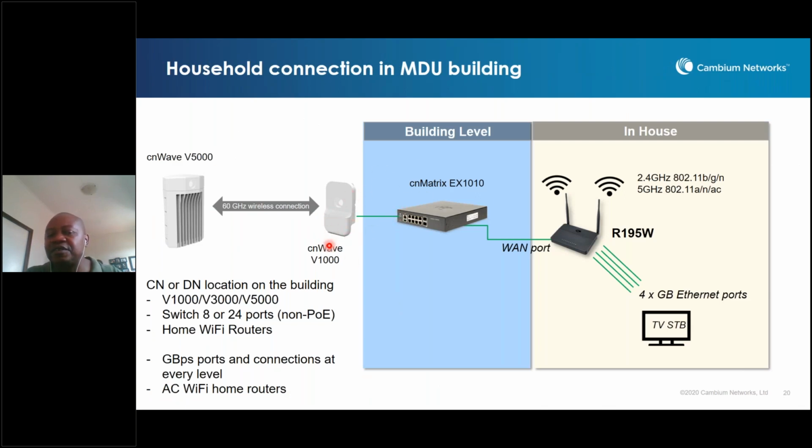As we said, in the 60 gig standard the CPE is called a client node. I beg your pardon, not customer node. And then an AP is called a distribution node. So you have the CPE client node 1000, and then inside you have an enterprise switch 1000 connected to a home router for one particular house, the R195W, which now lets you offer triple play.